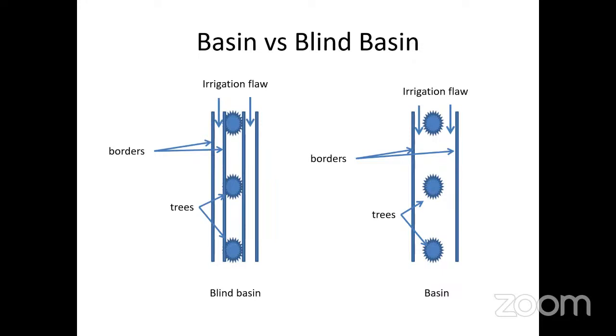So the water is going in between those two boundaries, right and left of the tree trunk. In this case, we stop the water from touching the tree trunk.